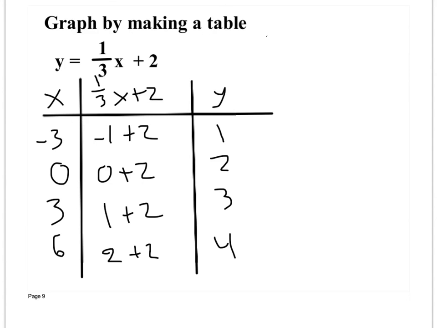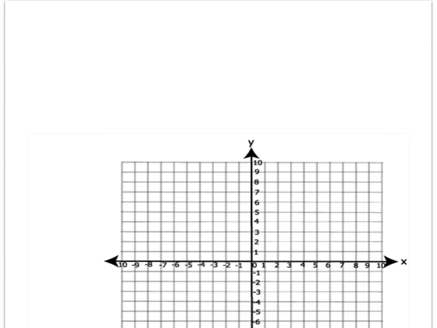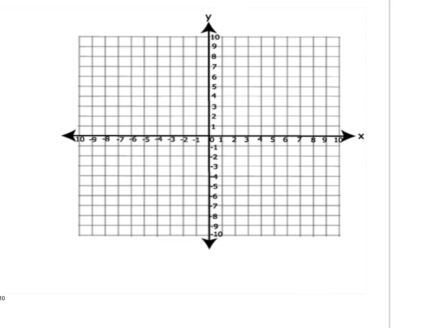Alright, so now I could graph this. If they gave me a graph, I plug in my x coordinates, I plug in my y. So my y coordinate when x was -3 was 1. When x was 0, what was my y coordinate? 2.